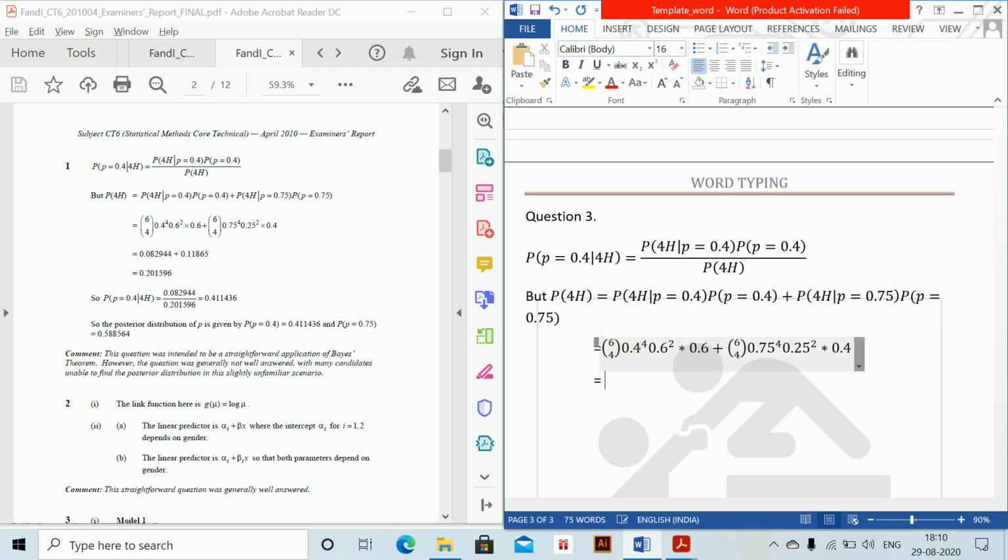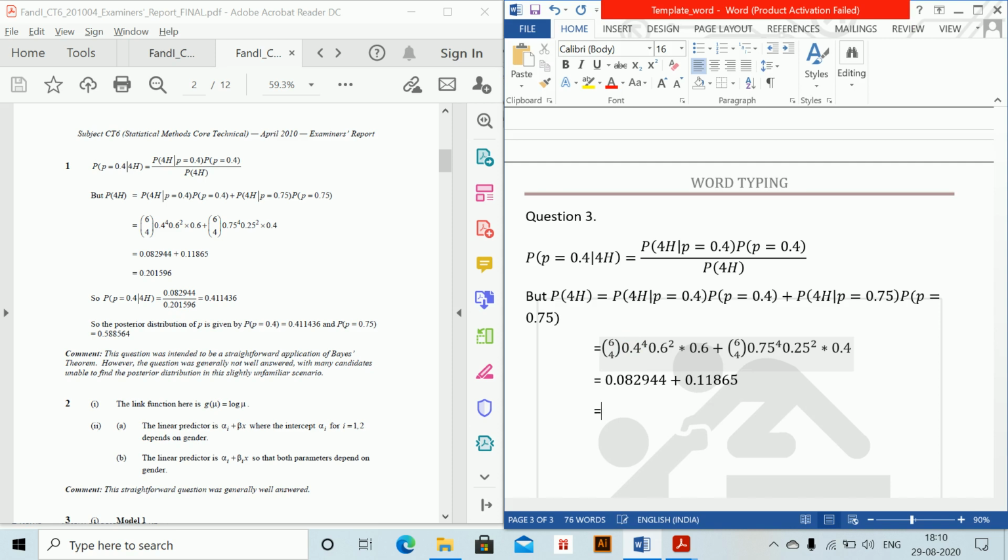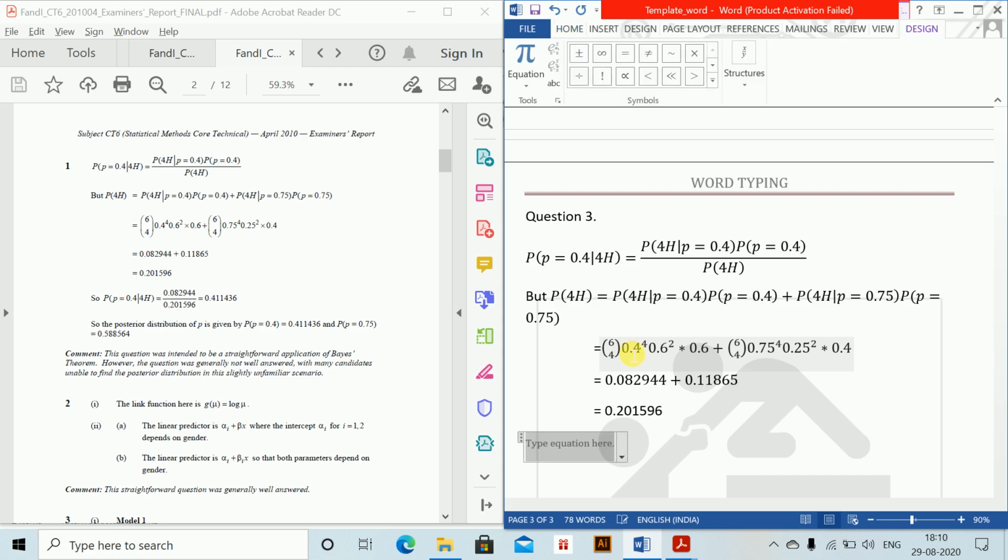So all equals, this becomes 0.082944 plus 0.11865 is equal to 0.201596. So the probability of p equals 0.4 given 4 heads is equal to 0.082944 divided by 0.201596, which is equal to 0.41136.